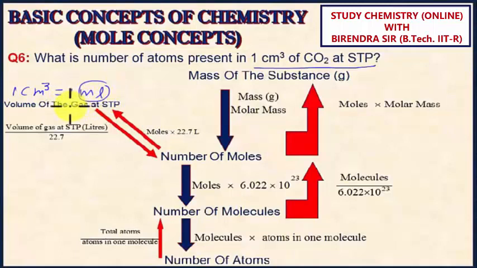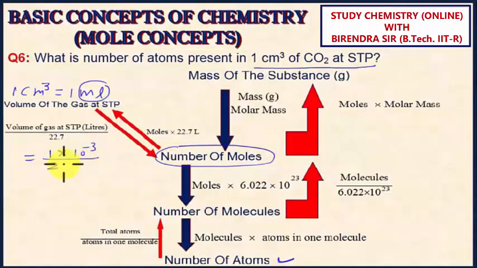Take care of the unit, 1 ml. And while using the formula, here you can see the volume must be in liter. So to get number of atoms, first you have to find number of moles. How will you find number of moles? 1 into 10 raised to minus 3, that will be the volume of the gas in liters, upon 22.7. Now, once you get number of moles, you can get number of molecules by multiplying by this Avogadro number.